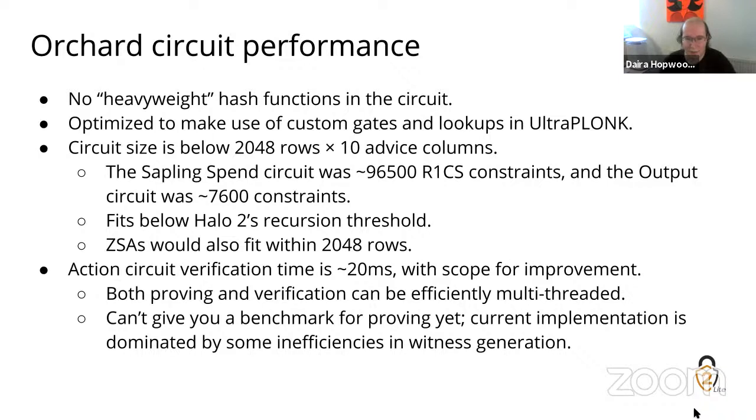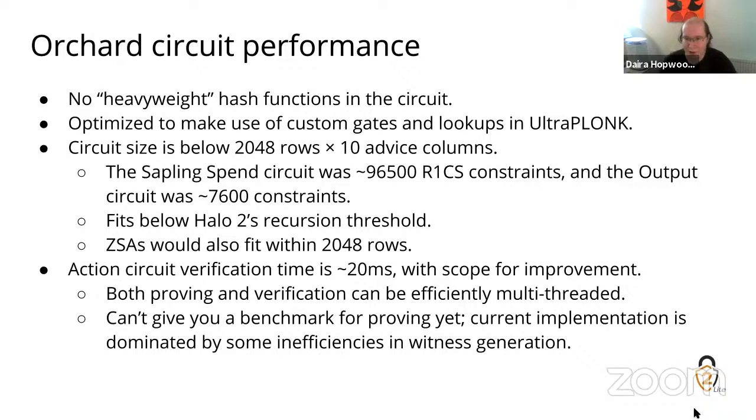Yeah, and the concrete performance, which we don't have proving numbers yet, but we do have circuit verification numbers, and it's only 20 milliseconds, even single threaded, and even without batching.